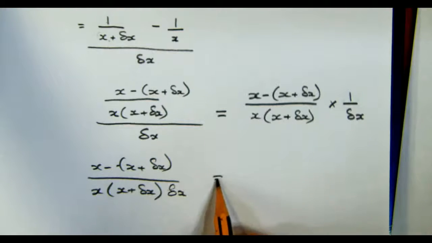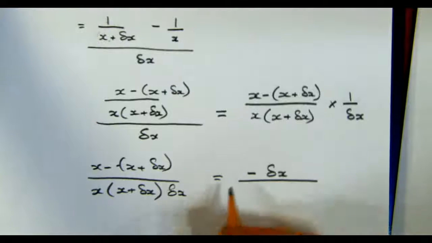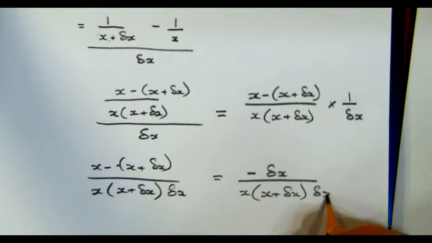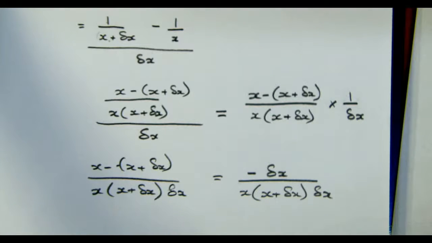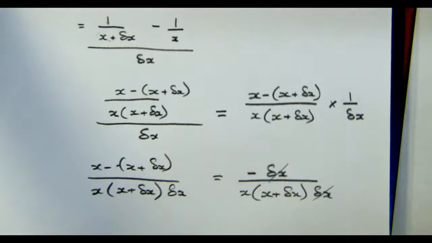And that is going to become minus delta x over all this lot, and we can cancel these, which is going to give me minus 1 over x plus delta x times x.